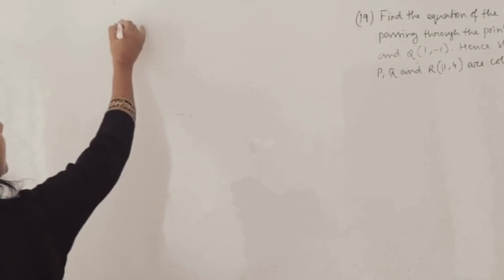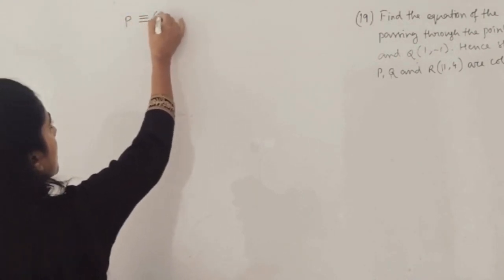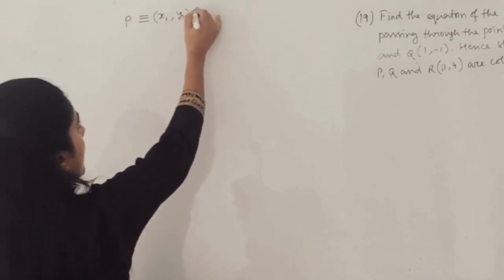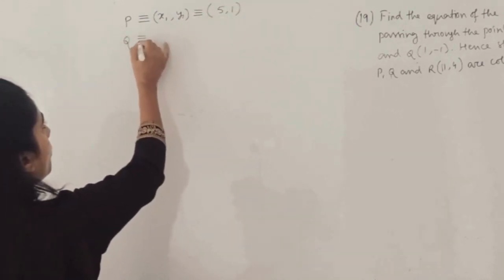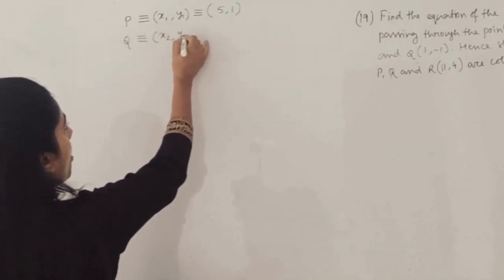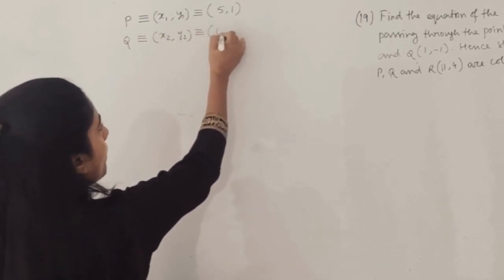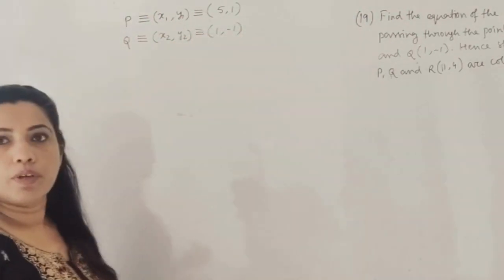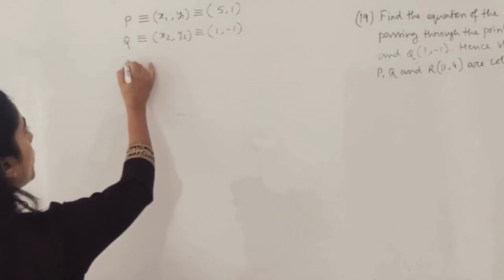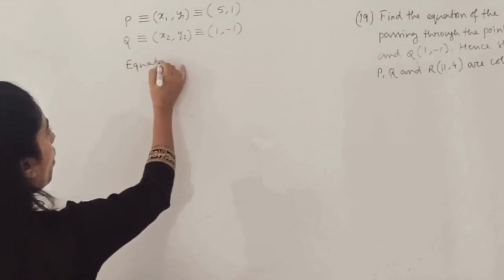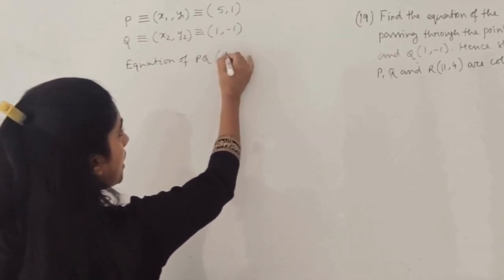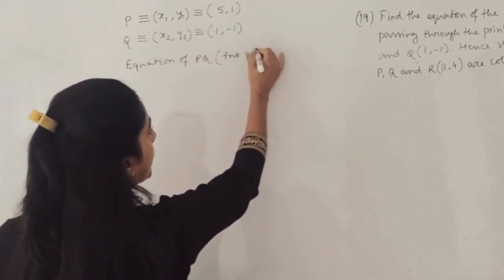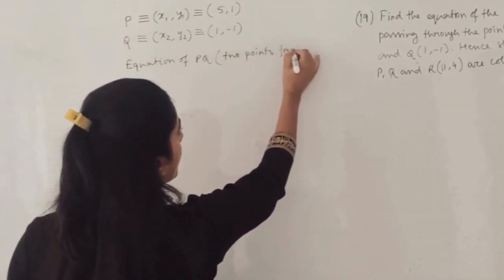Okay, so let us write P which can be denoted as (x1, y1), which is your (5, 1), and Q which can be denoted as (x2, y2), which is your (1, -1). So we need to find out the equation. So equation of PQ, which form are you using? 2 points form.